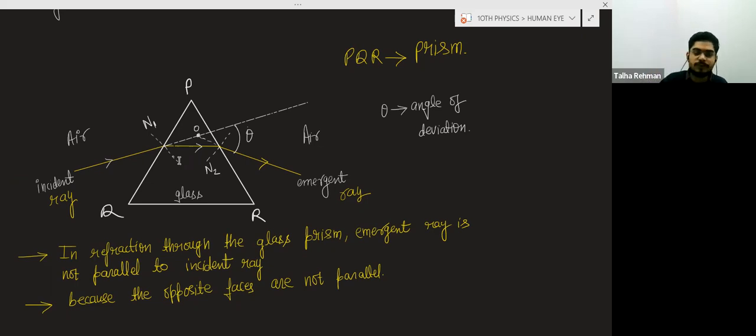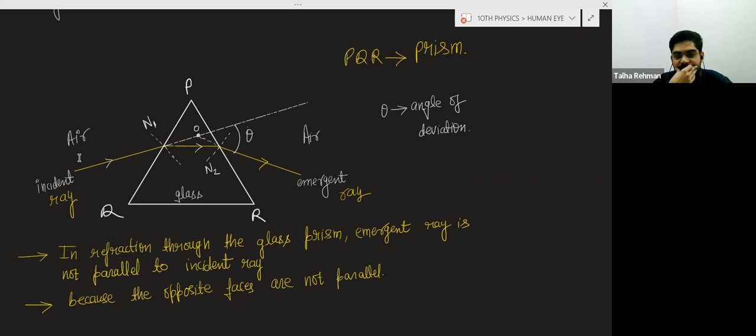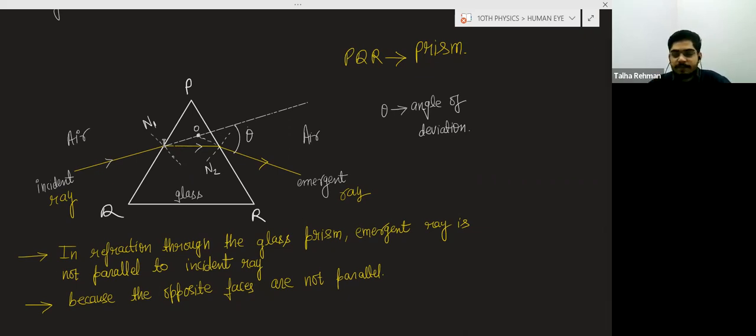So from this it was concluded by Newton that sunlight or the light of a bulb is made up of seven colors. And when sunlight is passed through the glass prism, that white light is split up into seven different colors.